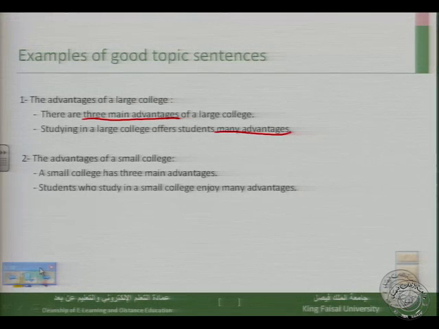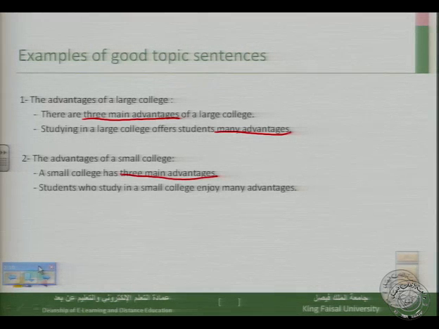For the second topic, for those who chose the second topic, the advantages of a small college, I suggested two topic sentences. The first one was a small college has three main advantages, and here the controlling idea is three main advantages. So you have to speak about three advantages only in your paragraph. Okay.